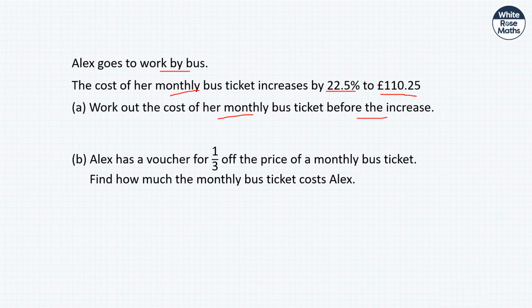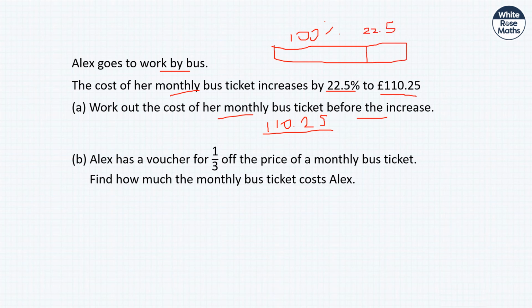So I'm going to be dividing this by... if it increases, think about it like a bar model if you're ever unsure, and then you've got plus the 22.5%. So you've got 122.5% altogether.